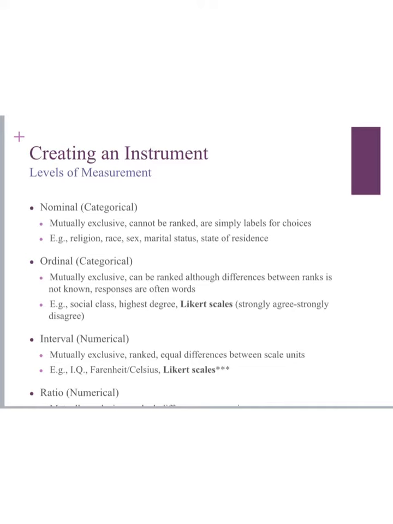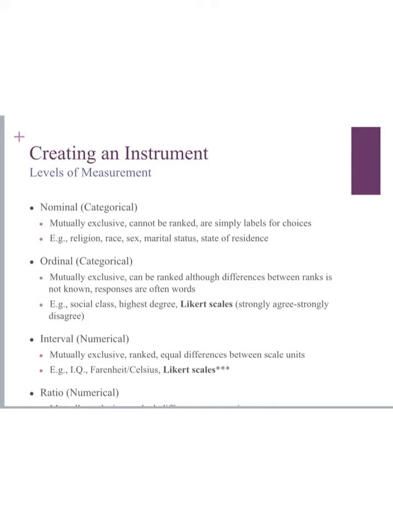However, researchers do this fun little trick where they turn Likert scale data into interval data. So interval data is numerical data. So these we're using numbers. So it is ranked because numbers go in order, and there's an equal difference between the units. So the difference between 1 and 2 is the same as the difference between 2 and 3 and 4.